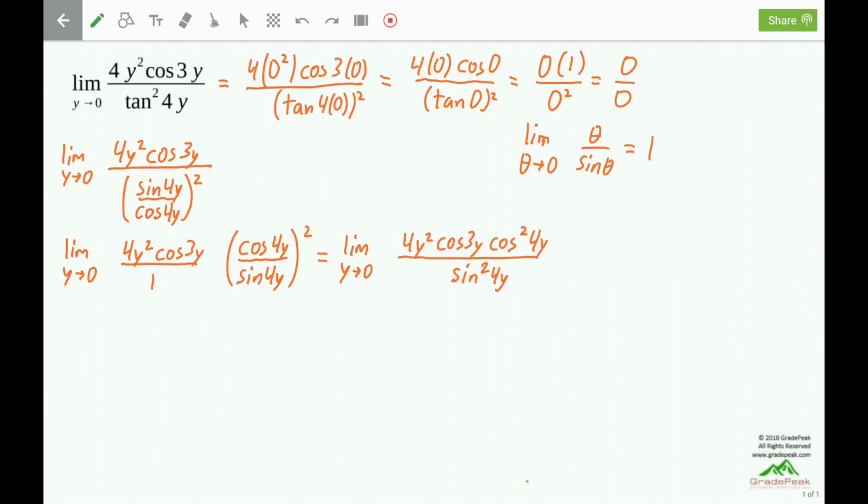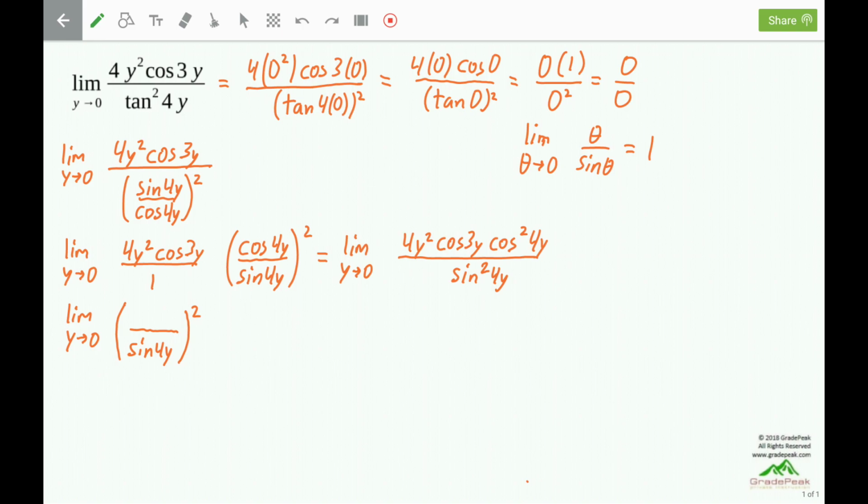Our next step will be to isolate any sine functions. There's 2 of them. They actually have the same phase of 4y. They're in the denominator, so we will isolate those into their own fraction. So I'm going to have a sine of 4y squared. Now to square it, I'm going to put it in a fraction and square the entire fraction.